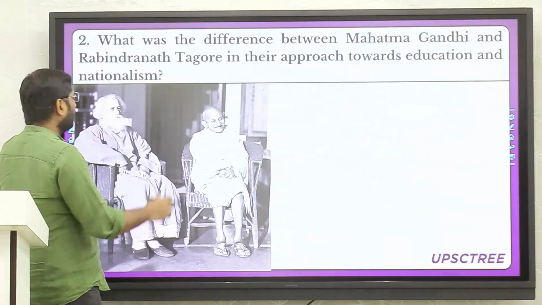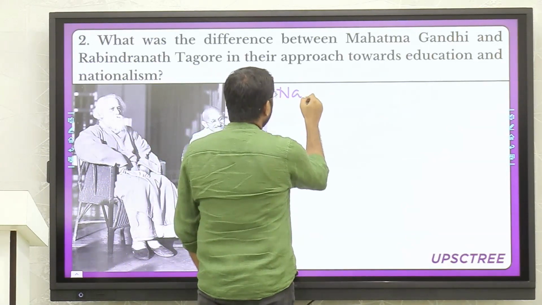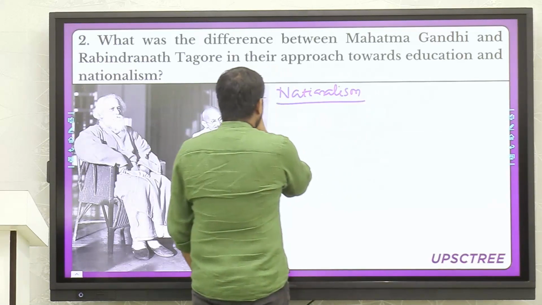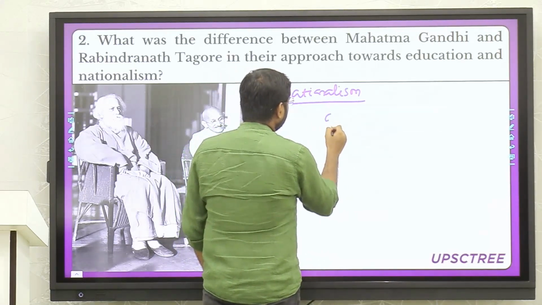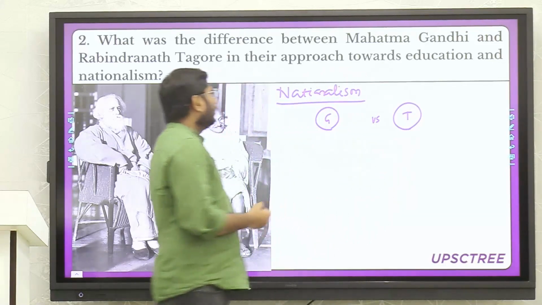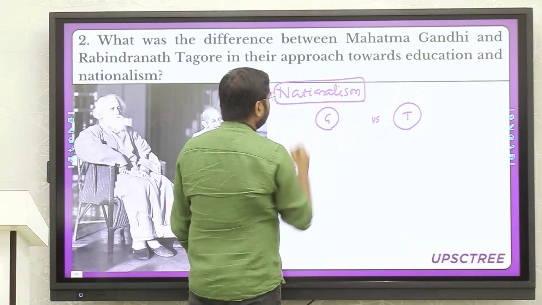Second part, I am not going to go into too much detail. If you look at nationalism, Gandhi versus Tagore: nationalism was very much important to Gandhi.